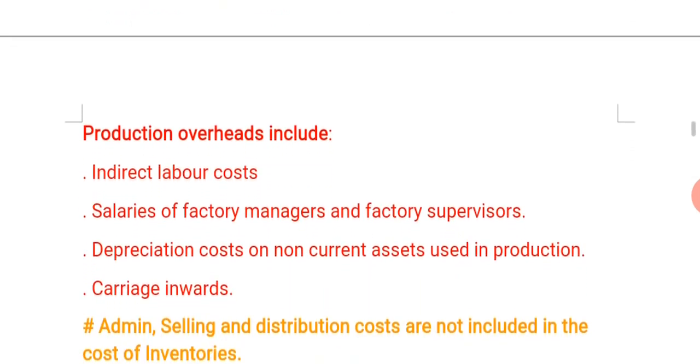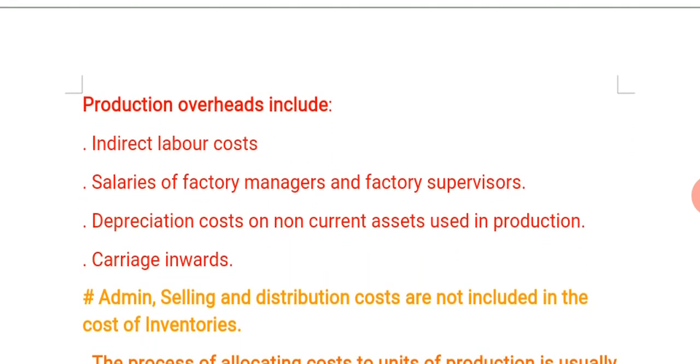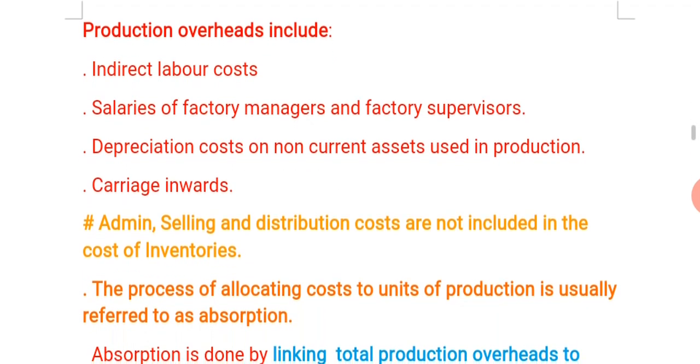So production overheads include indirect labor costs, salaries of factory managers and factory supervisors, depreciation costs on non-current assets used in production, then carriage inwards. Now we have something to note here. It says admin, selling, and distribution costs are not included in cost of inventory.